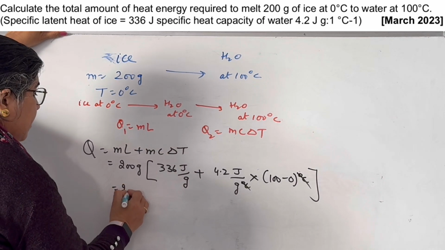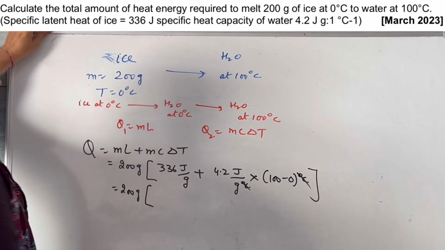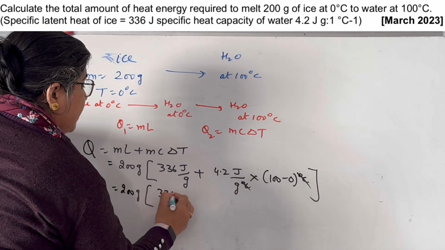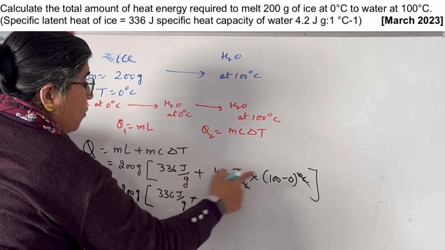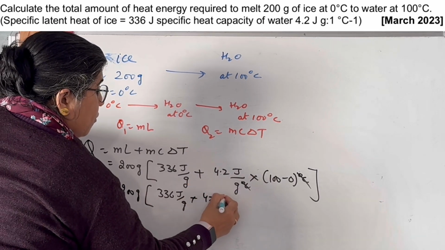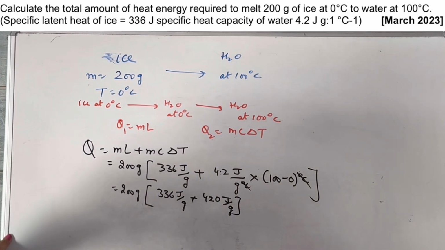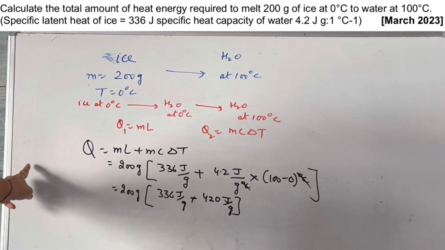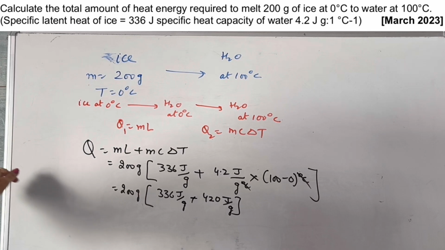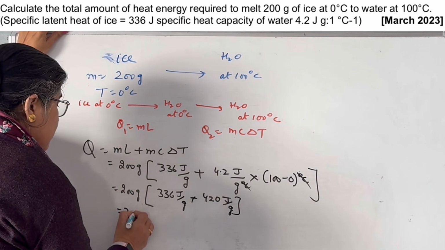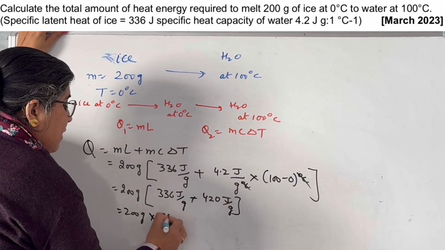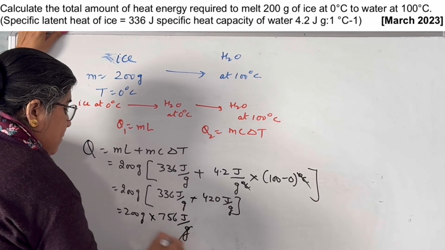What do you get? 200 grams times 336 joule per gram plus 4.2 into 100 is 420 joule per gram. What is 336 plus 420? That comes out to be 756. So it's 200 gram into 756 joule per gram.